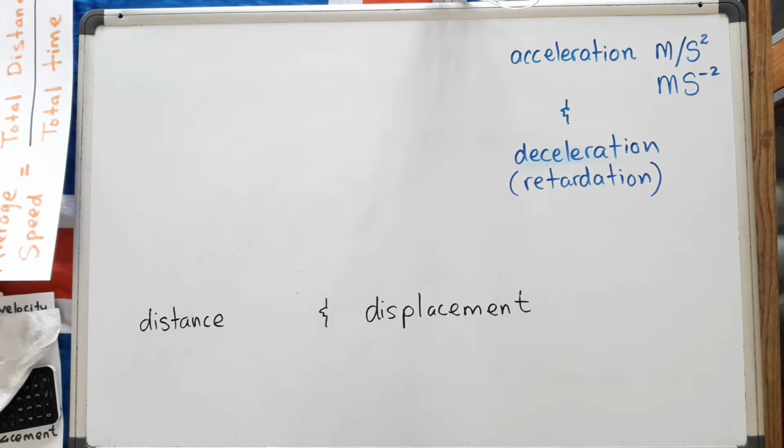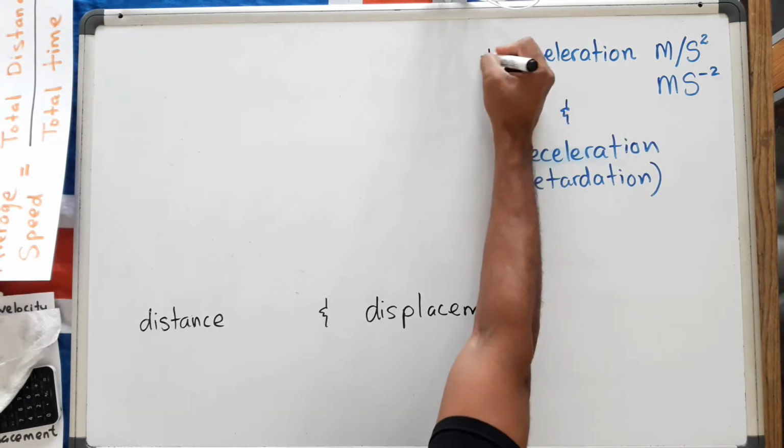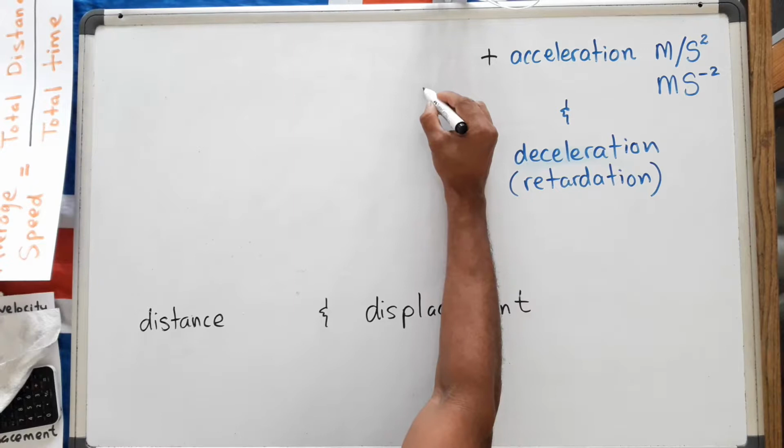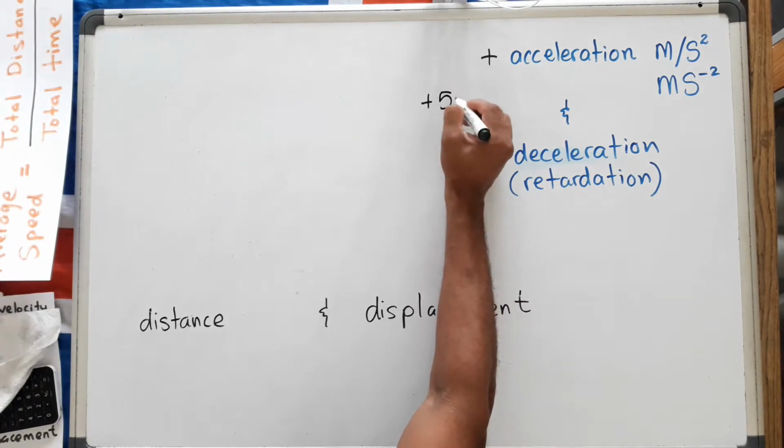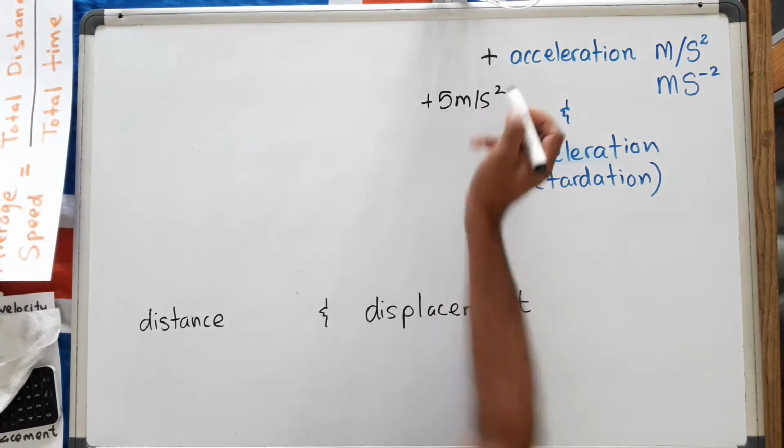For example, when you're in a car and you press the accelerator, doesn't it cause the speed of the car to change? It will go from slow to fast. So an acceleration will make something go faster. Accelerations are usually positive numbers. Like a car might have an acceleration of positive 5 meters per second squared.